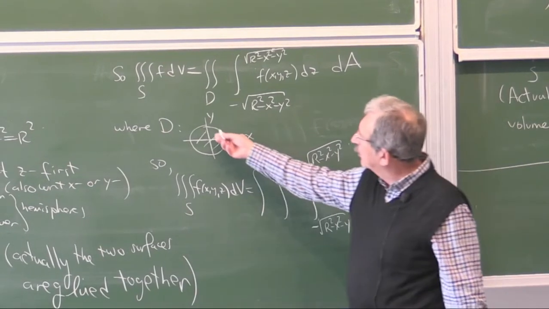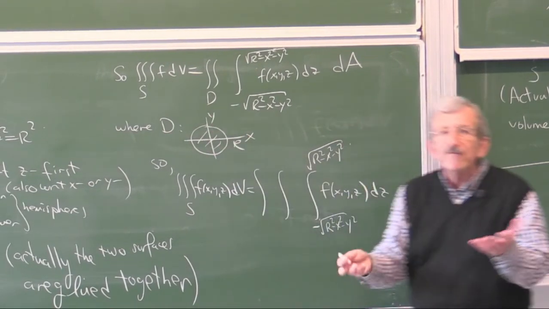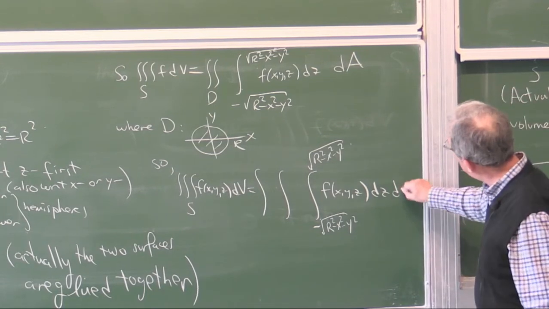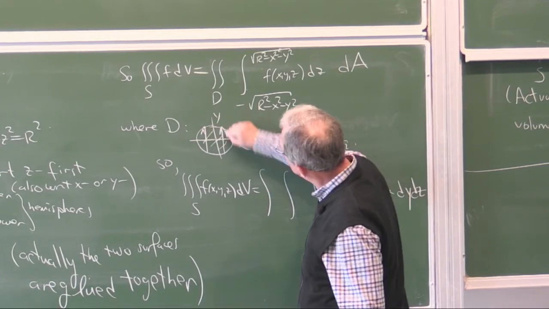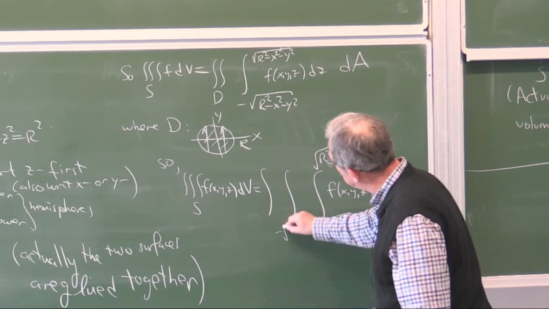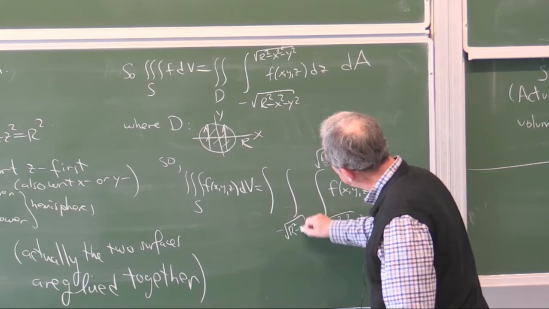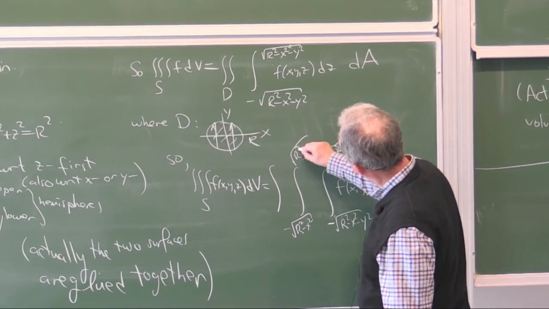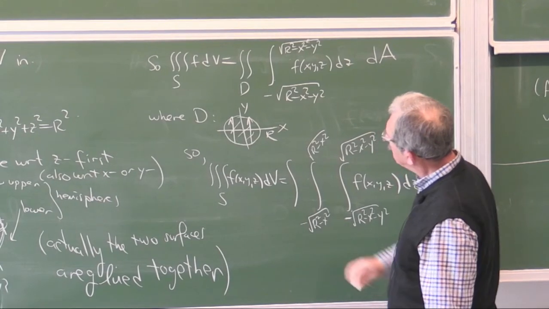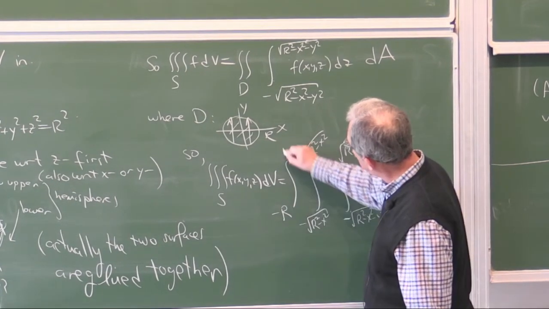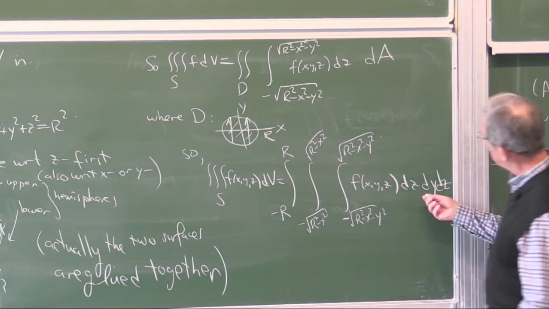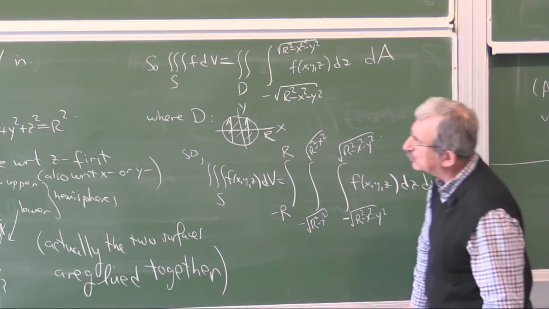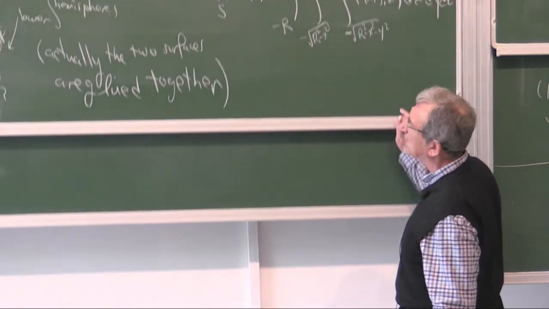For example, this is a region with respect to y first, so we can put here dy, dx. Then y will change from minus root r squared minus x squared up to root r squared minus x squared. In the meantime, x will change from minus r up to r. So this is the Cartesian version directly. In the second stage we used y first. You could, of course, change the places.